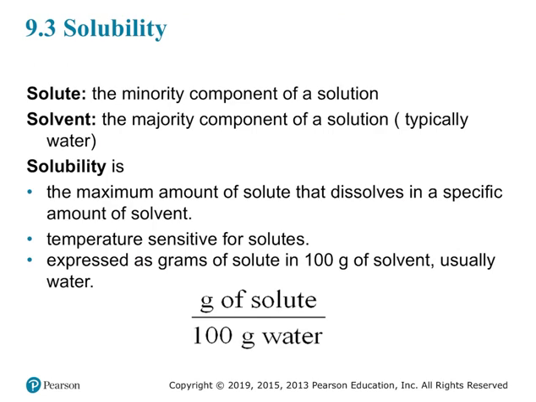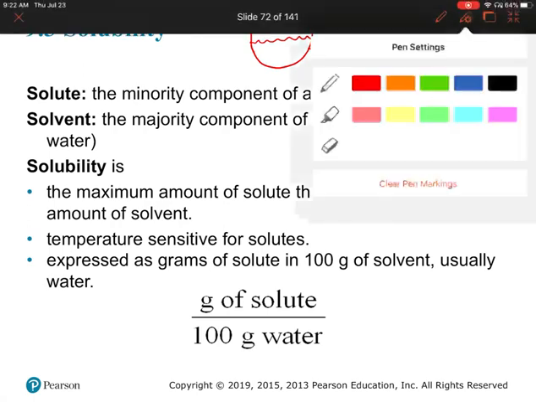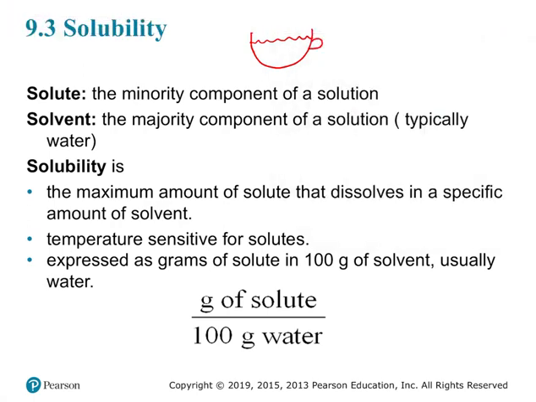So basically this is similar to if you have a cup of tea. Let's draw a little cup of tea, and let's say we pour some sugar into that tea. So the sugar is the solute.